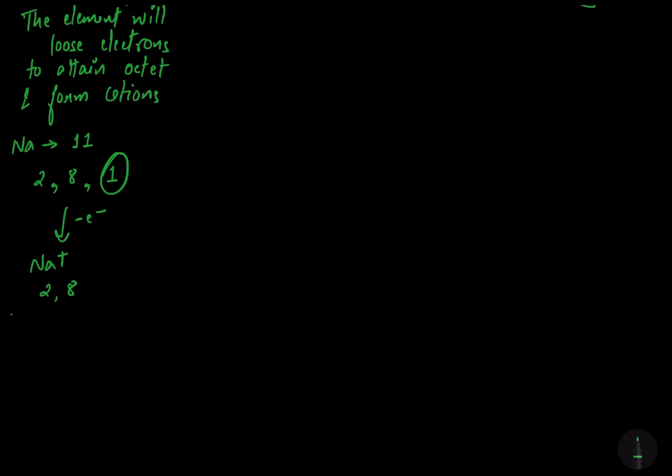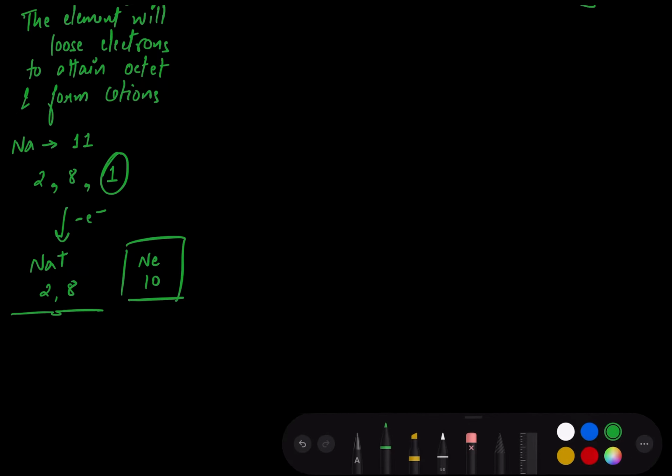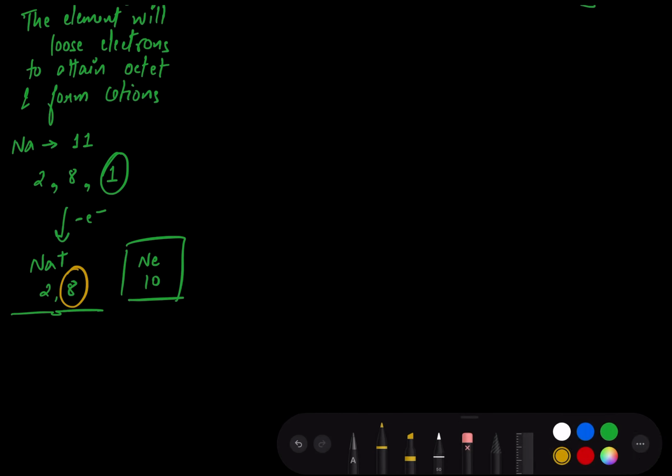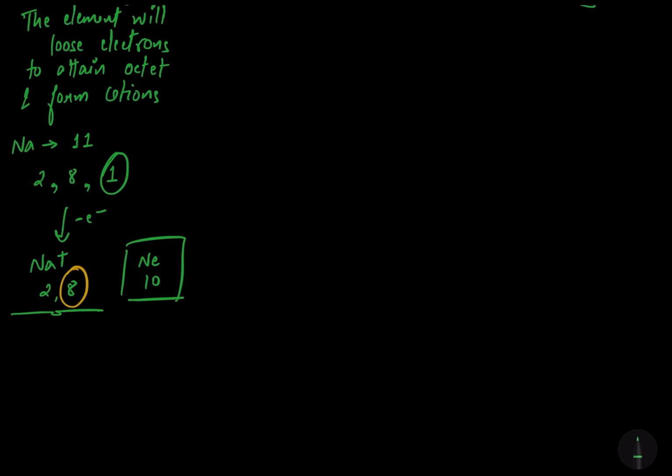That means sodium has attained the stable noble gas electronic configuration of neon with the atomic number of 10, and it's the nearest one because the atomic number of sodium is 11. That's why sodium has lost 1 electron to attain an octet. You can see the octet in its outermost shell.